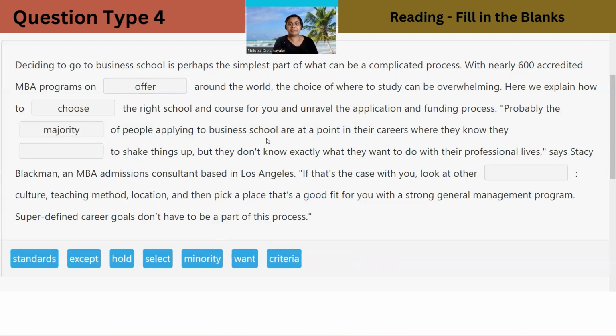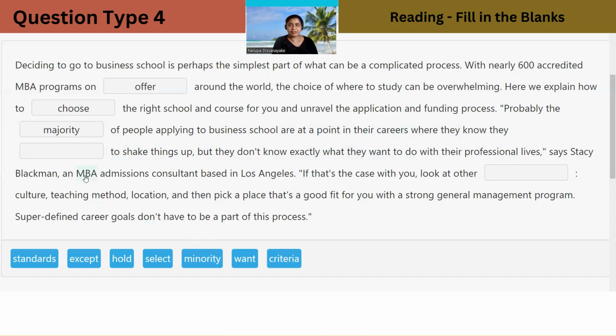Majority of people applying to business school are at a point in their careers where they know they blank to shake things up, but they don't know exactly what they want to do with their professional lives. They don't know what they want. And again, in the previous phrase, it says in their careers where they know they to shake things up, but they know something, but they don't know what they want.